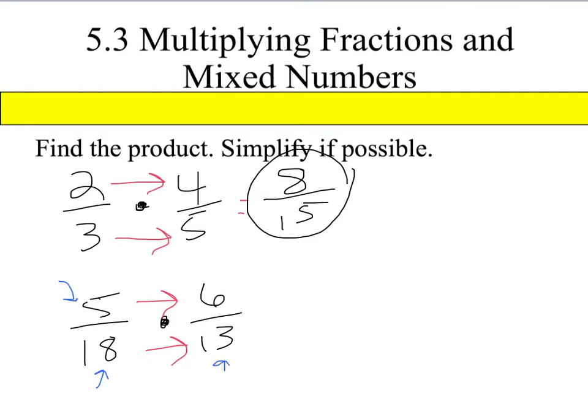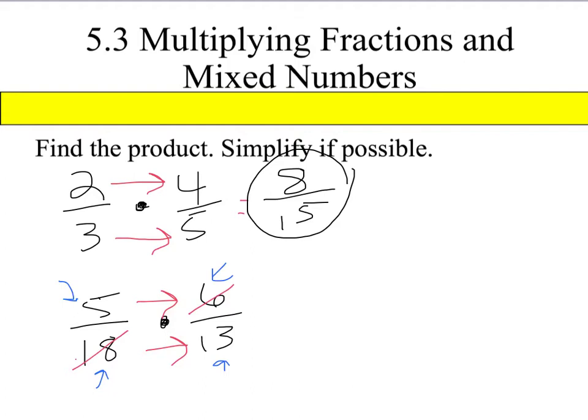The factors of 5 are 1 and 5, and there's not a 5 that can divide 18 and 13 evenly. How about 6? I'm focusing on 6 now. Is there a factor that goes into 6 that is a common factor with 18 or 13? Yeah, there is. If I look at the number 6 and 18, those both share a common factor of 6.